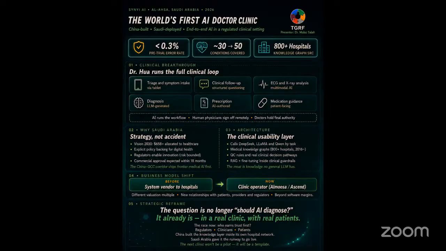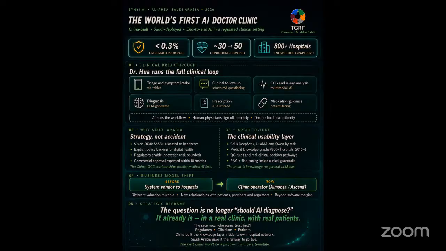So this leads us to our fourth point, the business model shift. This point is very important because it moves the discussion from technology to healthcare delivery. For many years, companies like Cine AI worked mainly as technology vendors. In simple terms, they built software and sold it to hospitals. So the hospital remained the care provider, and the AI company stayed mostly in the background as a supplier of digital tools.